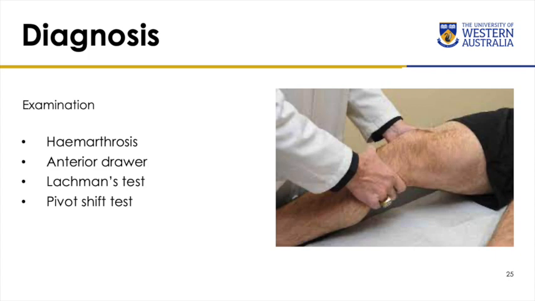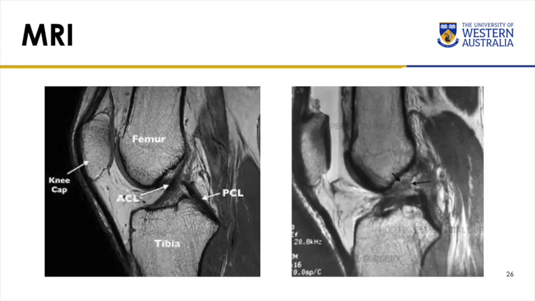The pivot shift test is another test which demonstrates the rotational importance of the ACL. Diagnosis is confirmed with an MRI scan. On the left you see the normal appearance of the ACL versus a ruptured ACL on the right, where there's no continuity of the fibres of the ACL.